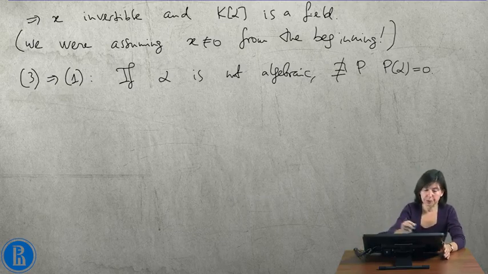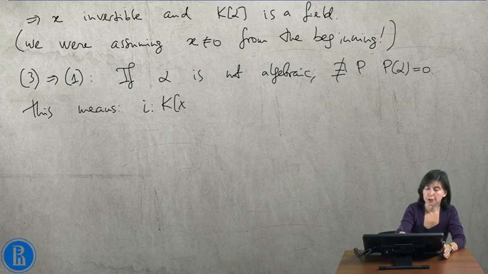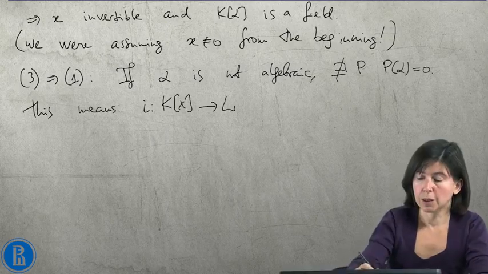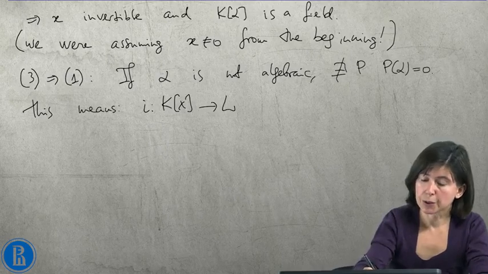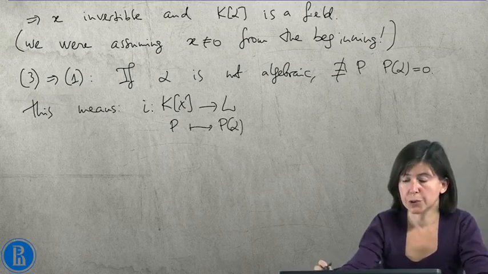But what does this mean? This means that a natural homomorphism, let me call it I, from K[x] to L, which sends P to P of alpha, is injective.